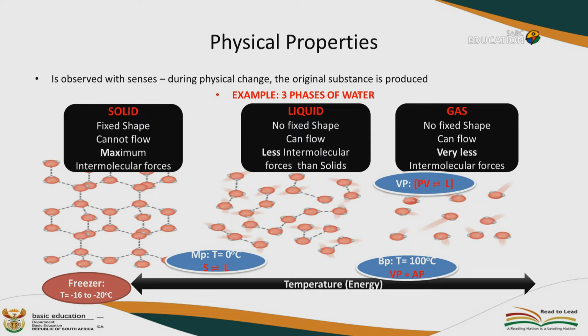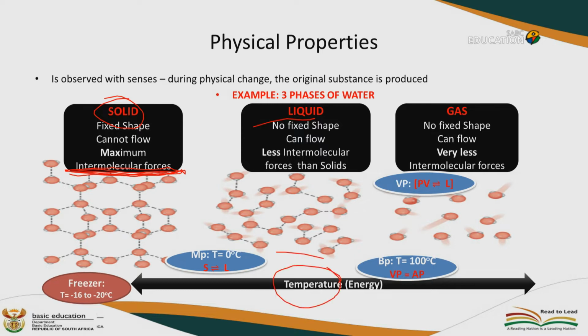Now, if we have intermolecular force, we need to overcome this intermolecular force in order for water to become liquid. So if you want to melt water, your ice, you must provide energy. Energy will be needed in order to overcome the intermolecular force. So for a solid to become liquid, you will need energy in terms of temperature.